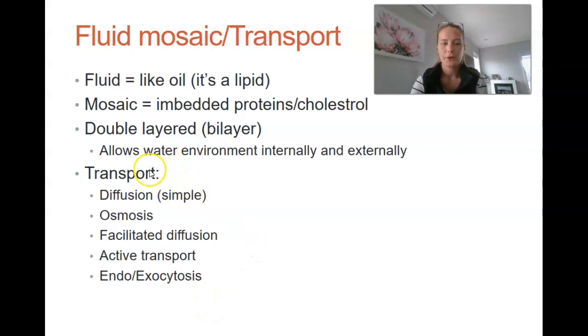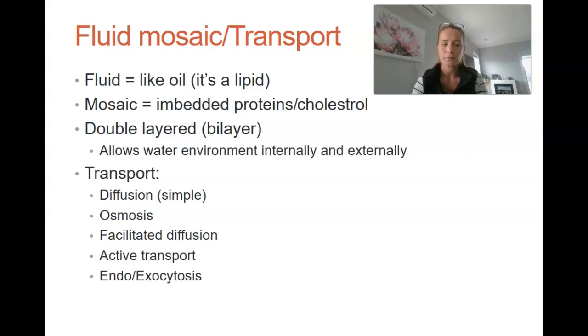Okay, so hopefully you have described diffusion, simple diffusion, as being the movement of small non-polar molecules across a semi-permeable membrane, across a plasma membrane, along the concentration gradient. That's an okay way to describe the movement from a high to low region of concentration, or by stating it's moving from a high region of concentration to a low.